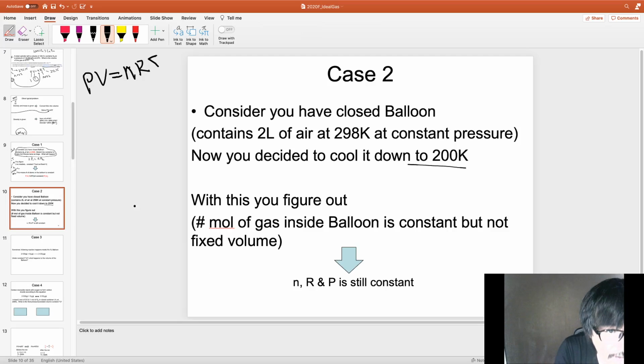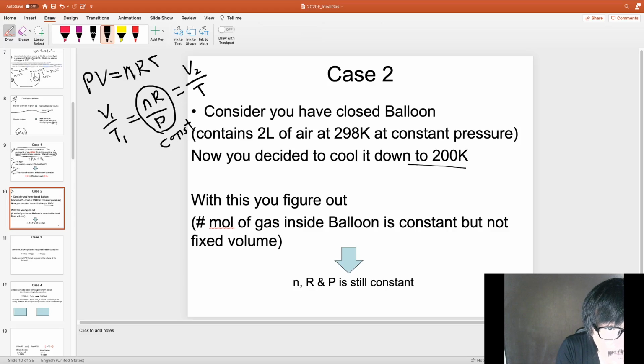The pressure is constant, right? But temperature is not. So V divided by T is nR divided by P. Right? All of these guys are constant now. That means that under condition 1 or condition 2, the constant value doesn't change, right?